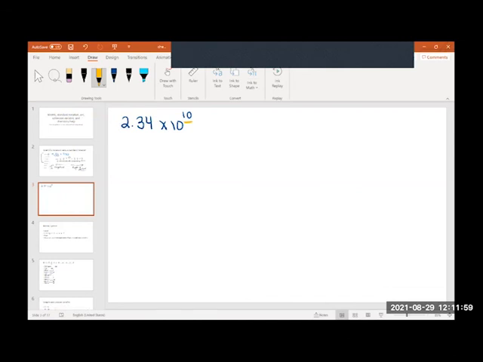Remember, right is positive. So now 2.34 becomes 1, 2, 3, 4, 5, 6, 7, 8, 9, 10. So I've moved 10 places. That's where my new decimal point will go. And all of these happy faces fill in with zeros. So now our number becomes a very large number.